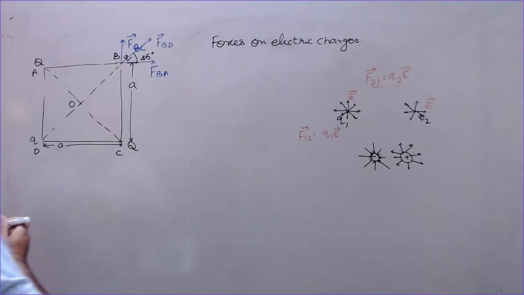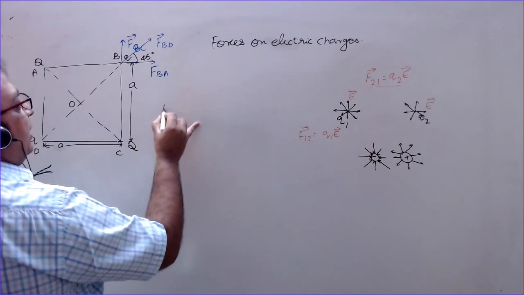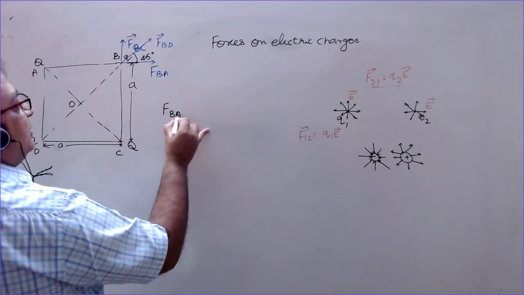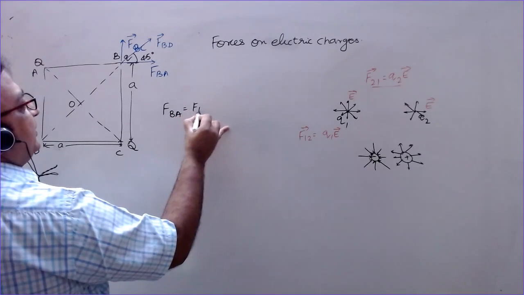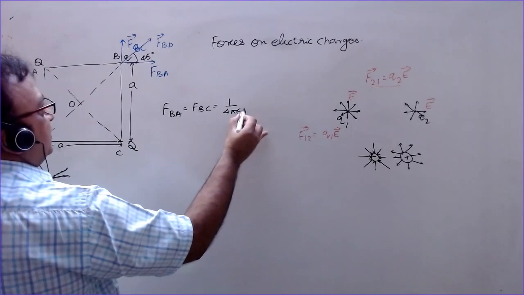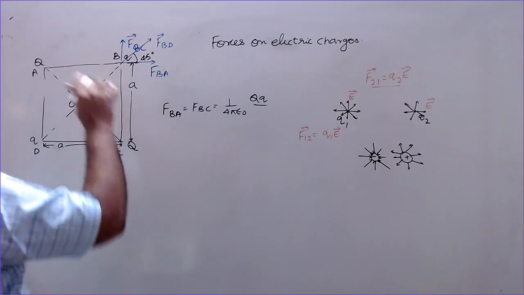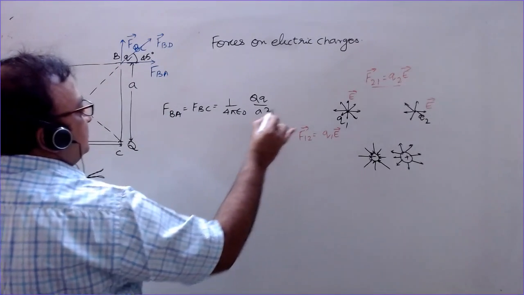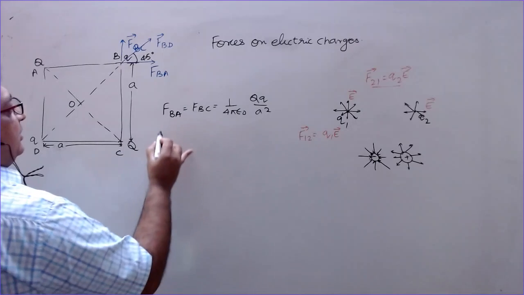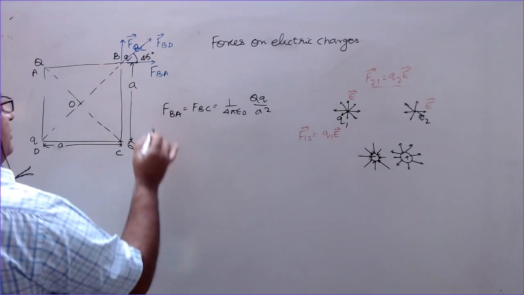Now you can find the resultant of this. First let us write their values. So FBA is equal to FBC, both will be equal to 1 upon 4 pi epsilon 0 Q q divided by this distance a square. And I have written the magnitude only, direction I have shown here.